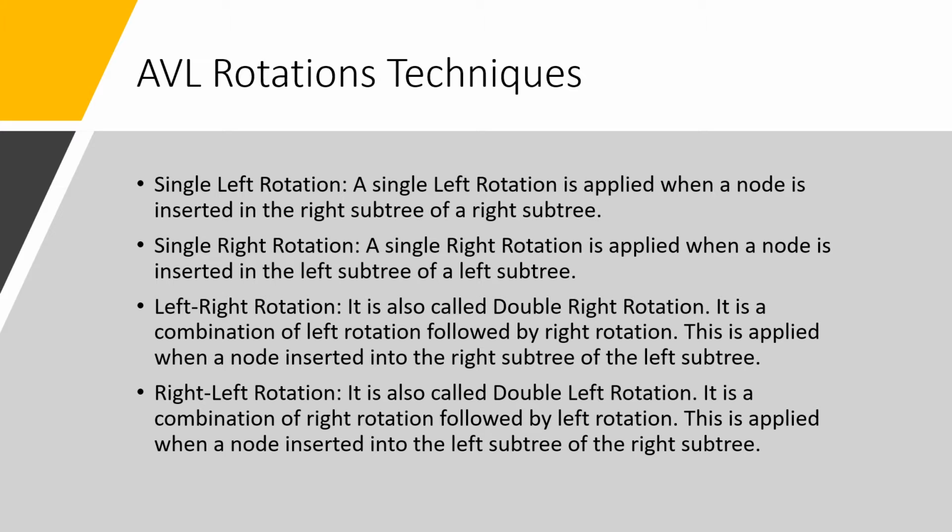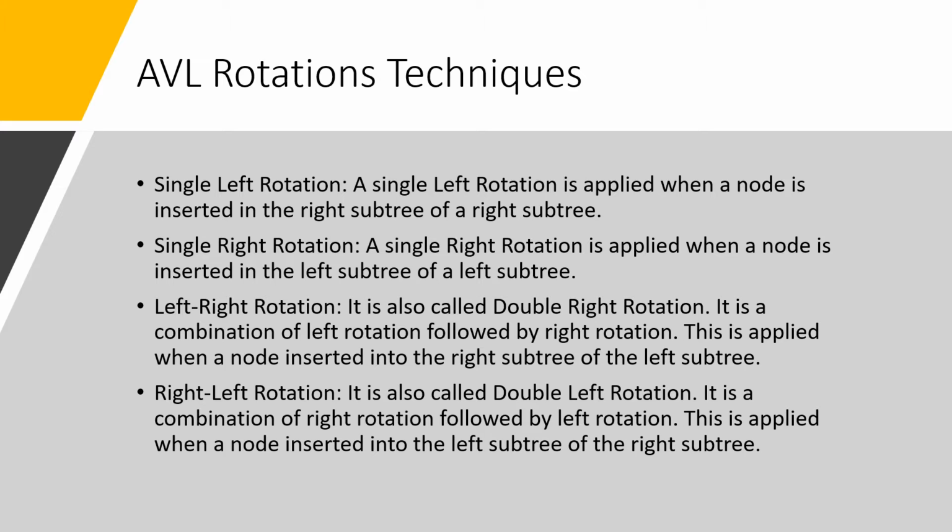In some websites and places they use double right instead of left-right, and instead of right-left they use double left. This might be confusing at times, but don't worry, it's the same thing. Left-right is just double right, and right-left is just double left.